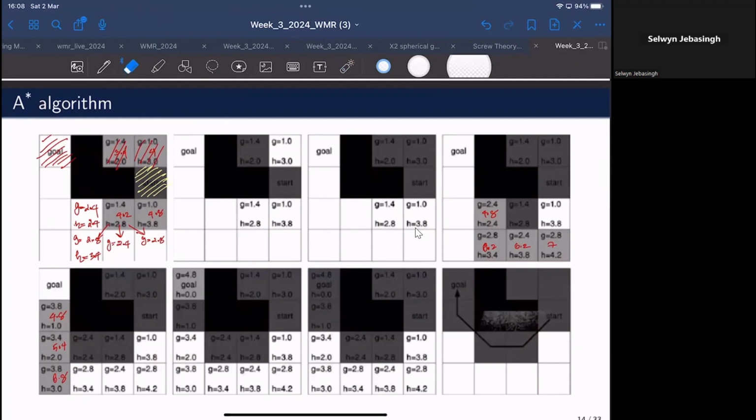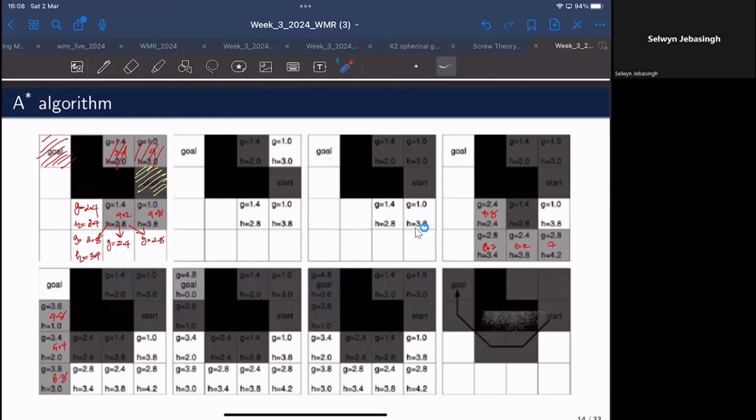The reason with the heuristic cost and this G is that these are basically contradictory. Some may feel that you may want to go along a path which has a minimum path cost, like minimum effort, and H basically means the distance to the goal position.